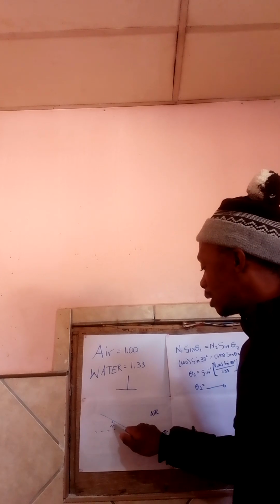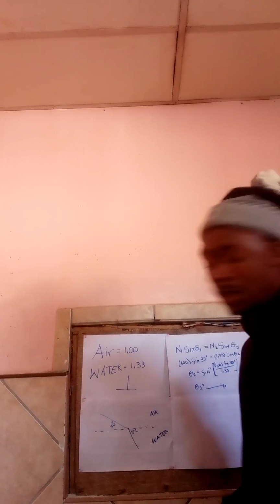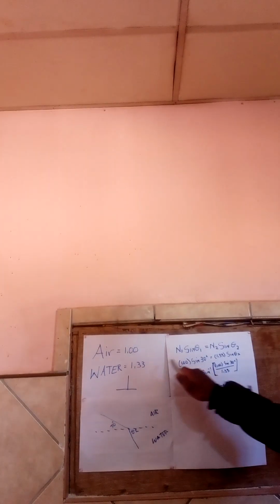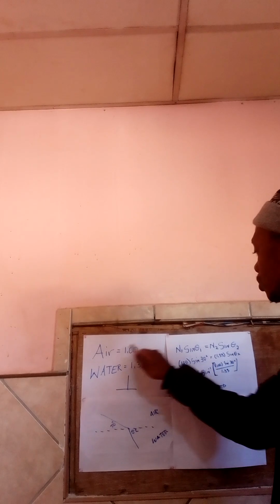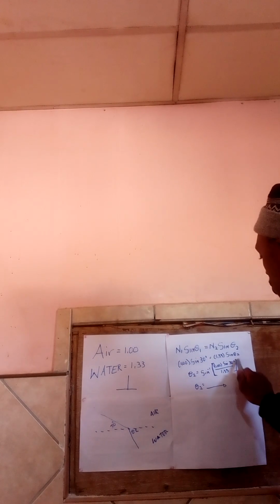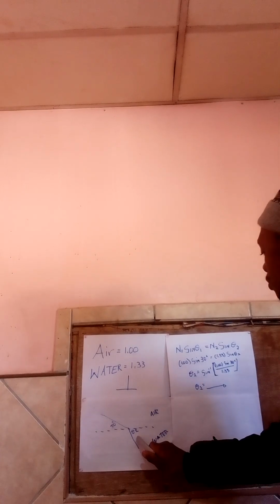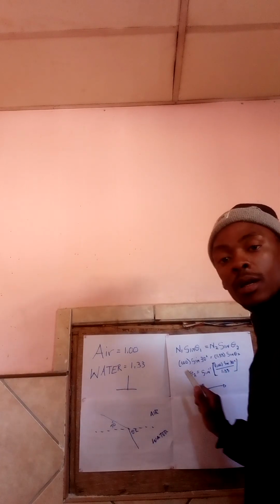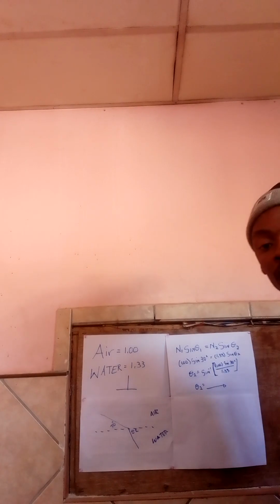In this scenario, let's make it a 30-degree angle. We're going to put the information that we have into the equation and manipulate it in such a way that the second angle at which light travels through water becomes the subject of the formula.